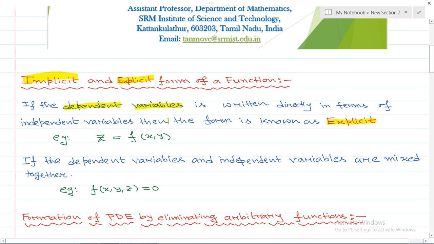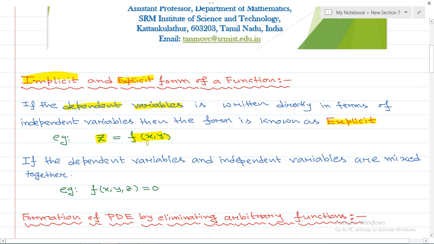That is, the dependent variable, suppose it is z, depends on two independent variables x and y. So if z is explicitly written in terms of x and y, where z is written on the left hand side and the rest of the terms on the right hand side, this type of representation is known as the explicit representation of a function.